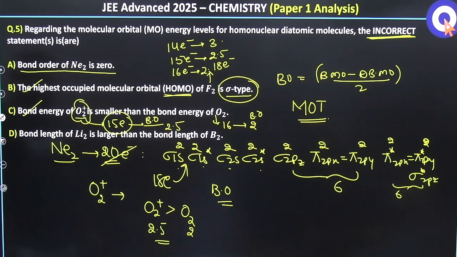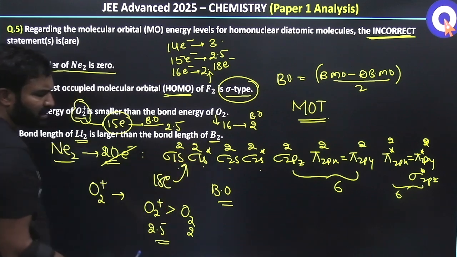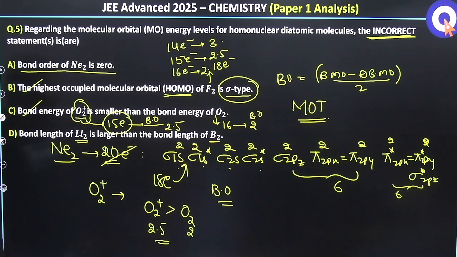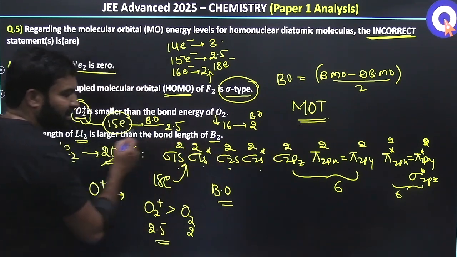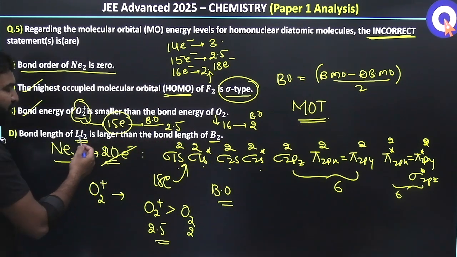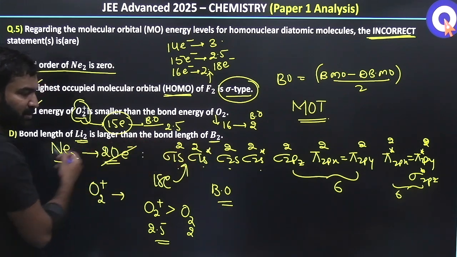Next, the bond length of Li2 and B2. If you calculate the bond orders, both will be 1, but as we know, for covalent radius, from left to right size decreases. That is the reason Li2 should have a larger bond length compared to B2. So how is it related to MOT? According to MOT, we calculate the bond order, and both bond orders are the same.